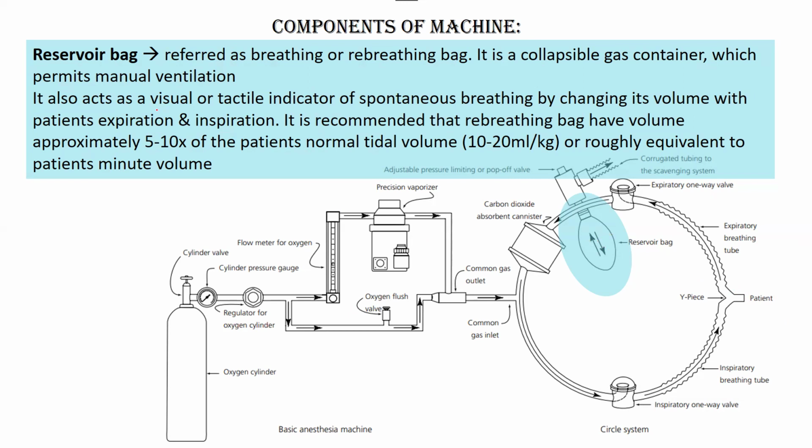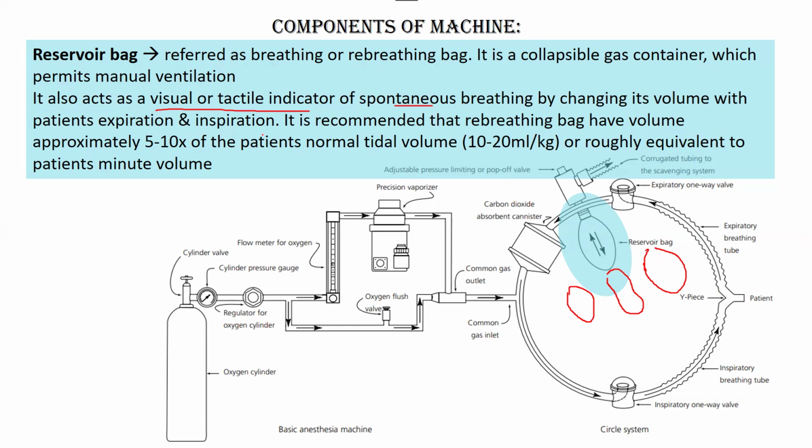It also acts as a visual or tactile indicator of spontaneous breathing by changing its volume with patient's expiration and inspiration. So when the patient is unconscious under surgery, and the patient is breathing, as the patient inspires, this anesthetic bag will go a bit flat like this, and when the patient exhales, it will again bulge out this way.